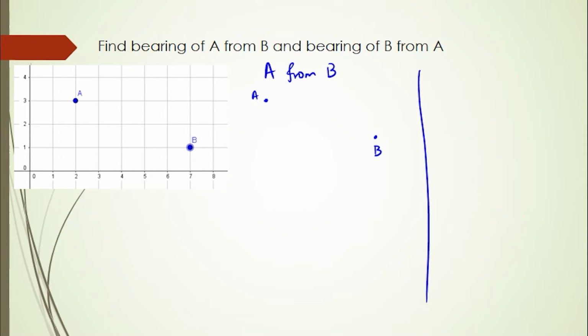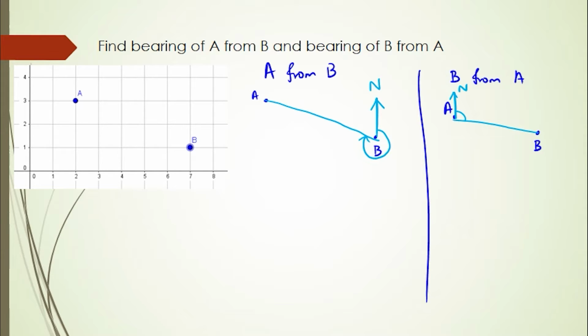Because it says from B, we put north here at B, and we're looking for the bearing going this way. But if we look at the bearing of B from A, then A is there and B is there. Because it's from A, our north is here, and the bearing looks like that. I'd like you to see the two differences.